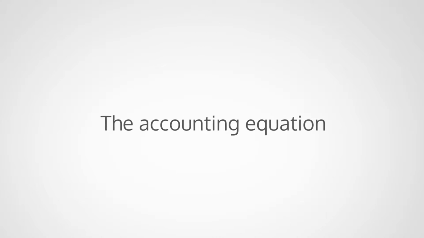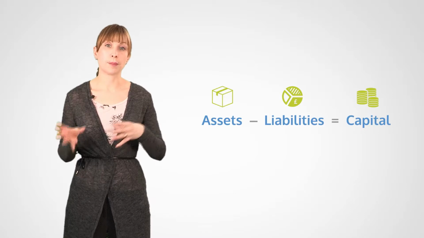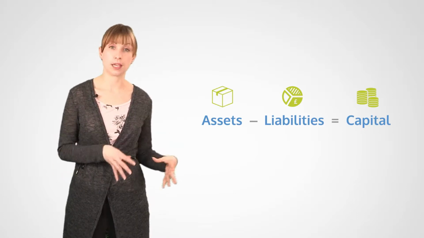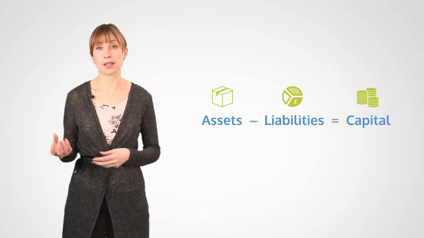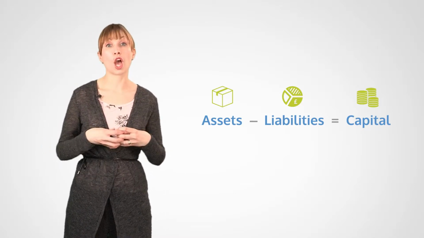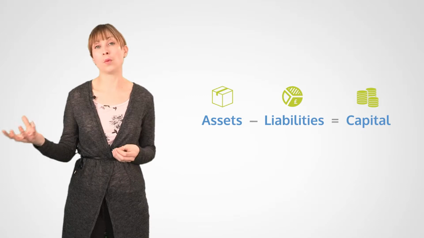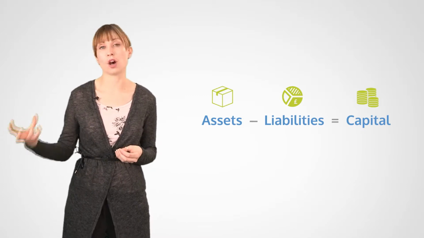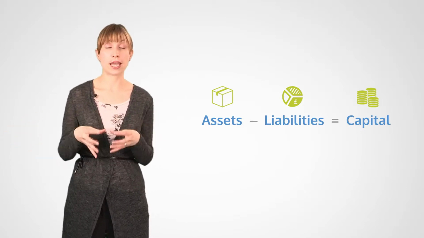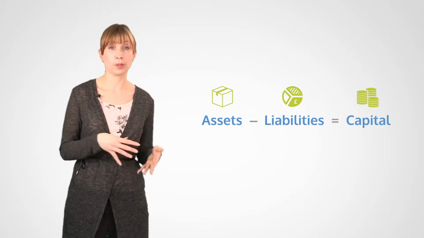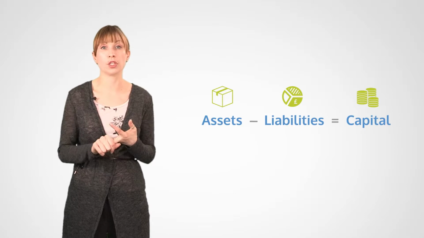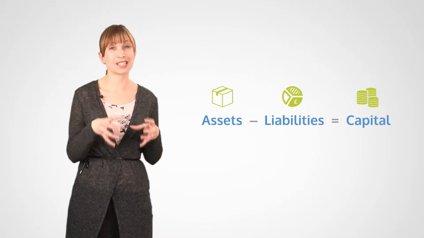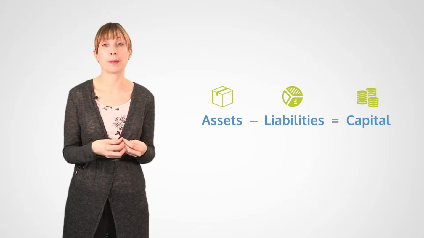So the accounting equation itself then. The accounting equation is that assets minus liabilities equals capital. So for the assets that we own in the business, if we take out what we owe out, so we've got what we own, so the money in the bank, the cars, etc. If we take away from that what we owe out, so the liabilities being loans or suppliers that we owe money to, what we're left with, what's left in the business, is the capital.